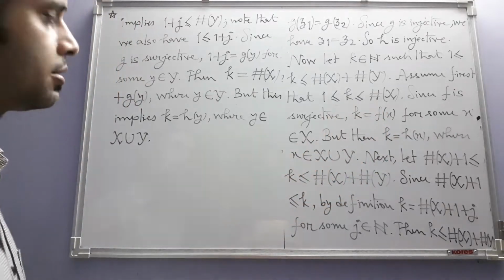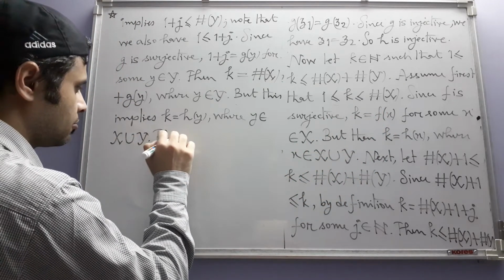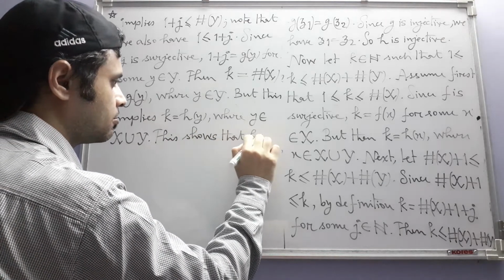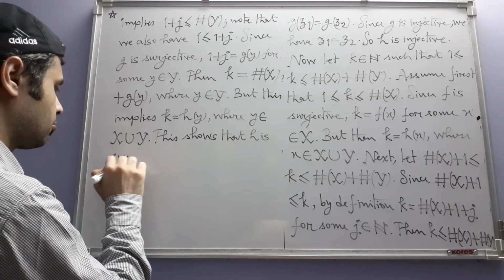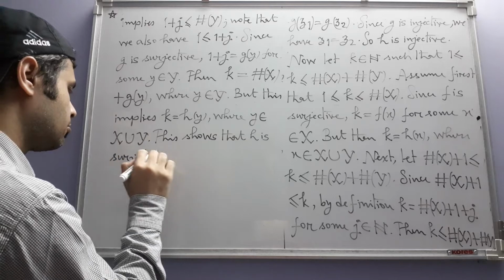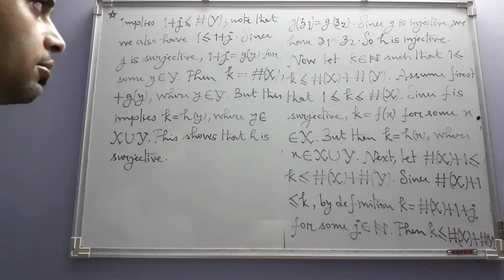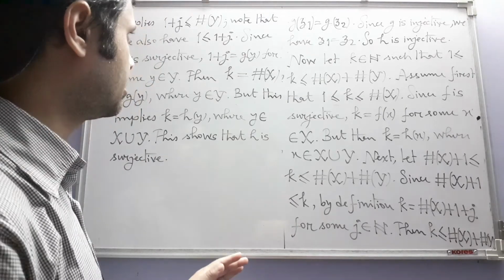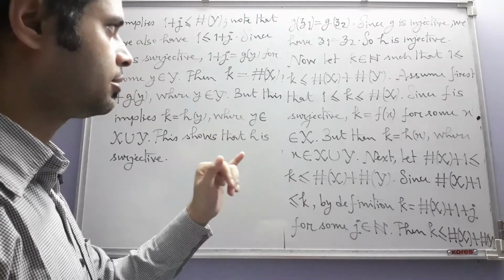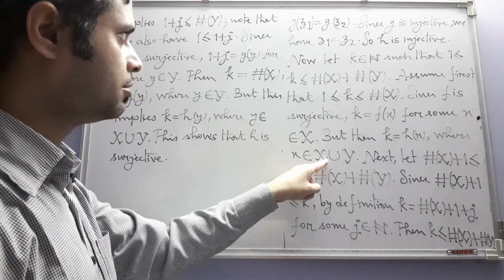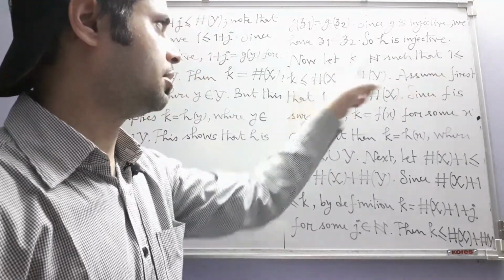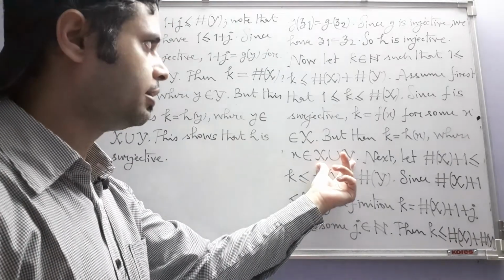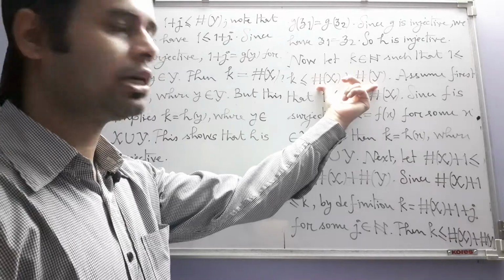So that's why H is surjective. And this proves that X union Y in this case is finite, because H is a function from X union Y onto the set of all natural numbers lying between these two bounds. So X union Y is finite and it has cardinality equal to this.